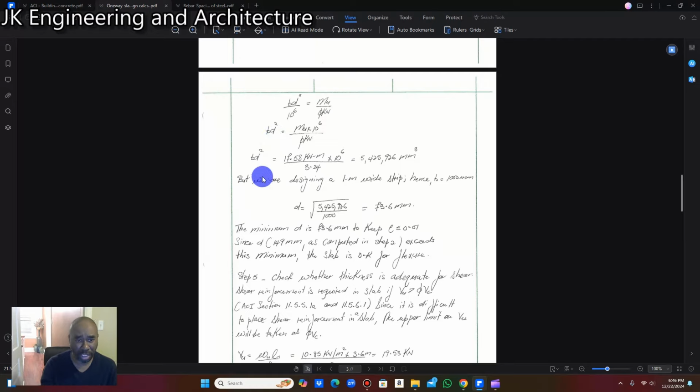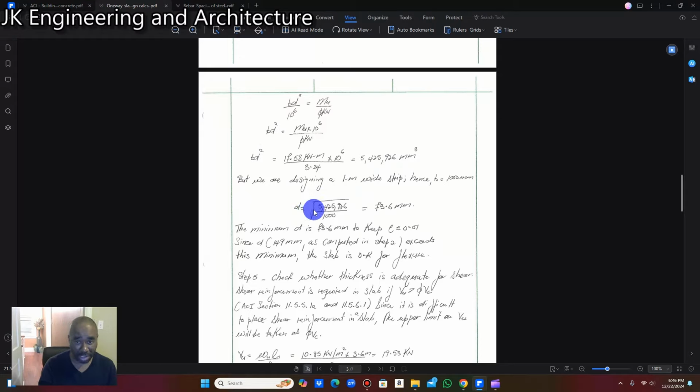All right, so we're going to work out D. BD squared is going to equal 17.58 kilonewton meter times 10 to the 6 divided by 3.24, and that's 5,425,926 millimeter cubed.